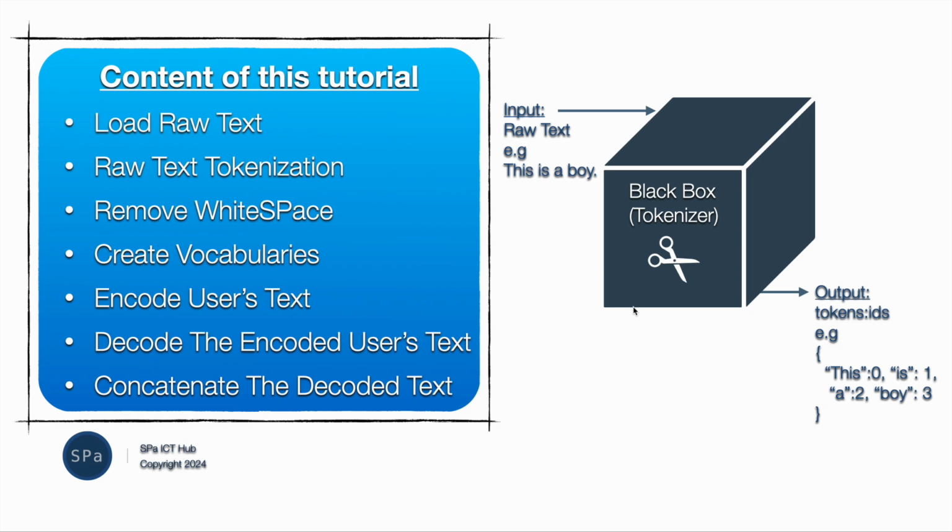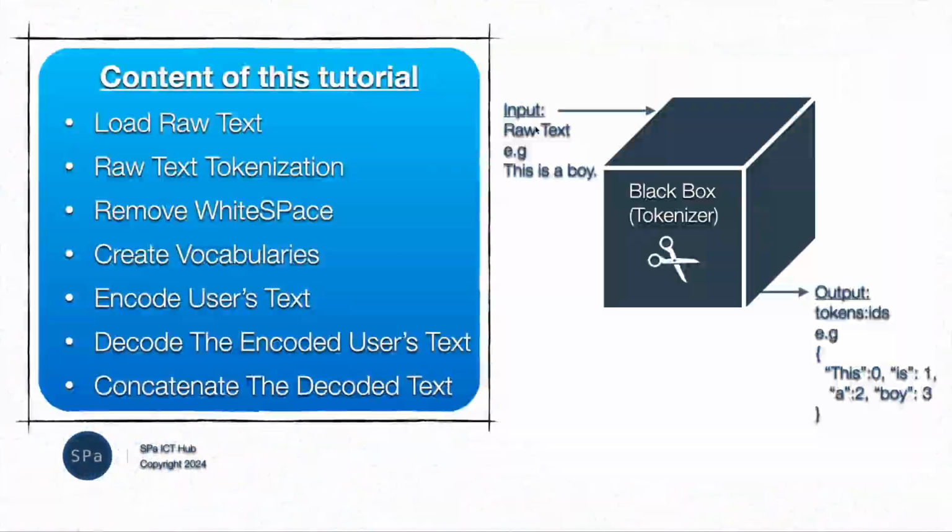As you can see, for example, when a user enters text, which is a string of characters, such as "this is a boy," we are meant to have... okay, let me edit this.